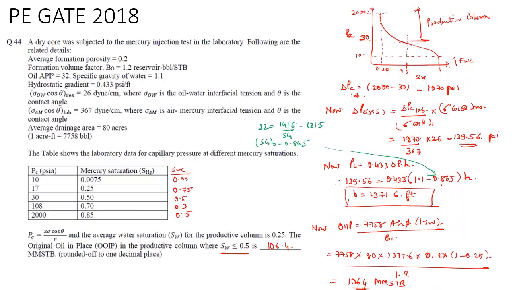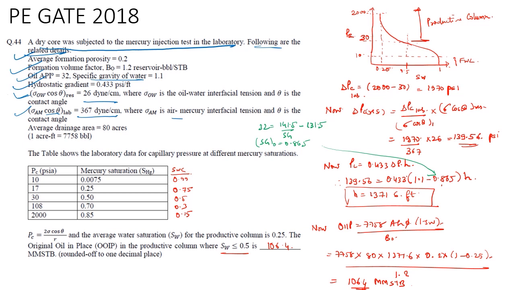Let's move further. This question was asked in GATE 2018. It's a very good question. A dry core was subjected to a mercury injection test in the laboratory. The following details are obtained: porosity is 0.2, FVF is given, oil API is given, specific gravity of water is also given, hydrostatic gradient is given, sigma cos theta at reservoir condition is given as 26 dyne per centimeter, and sigma cos theta for air and mercury at laboratory condition is given as 367 dyne per centimeter.